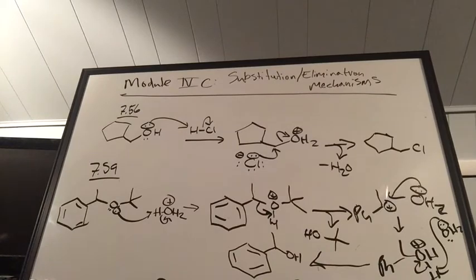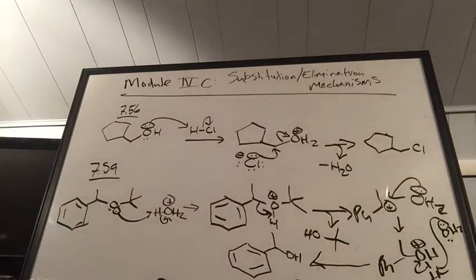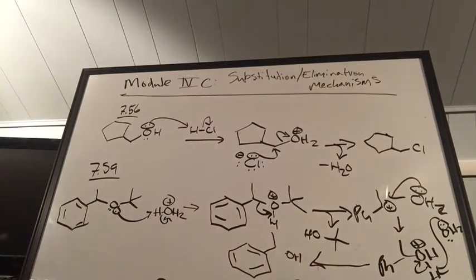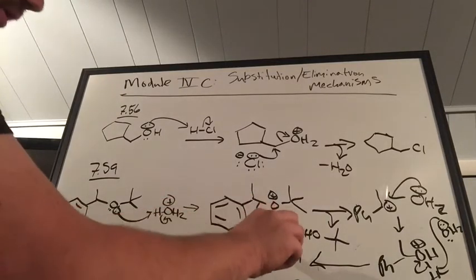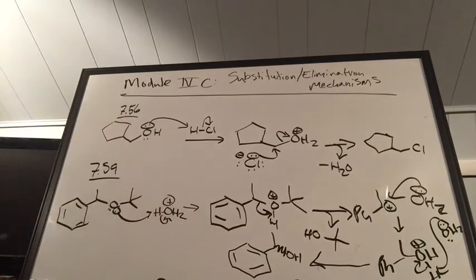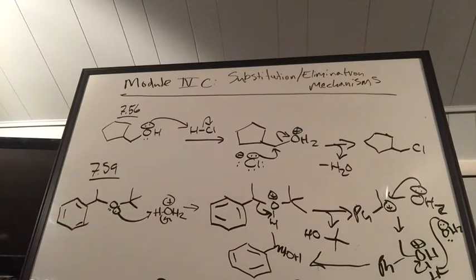Okay, so just a conceptual question for you to think about later. Since we had that sp2 carbon right there, are we going to have stereospecificity on this particular product? The answer is no. We're going to have a racemic mixture. We're going to have a little bit of S and a little bit of R. So bear in mind that when you're dealing with unimolecular mechanisms, this is an example of a unimolecular mechanism.